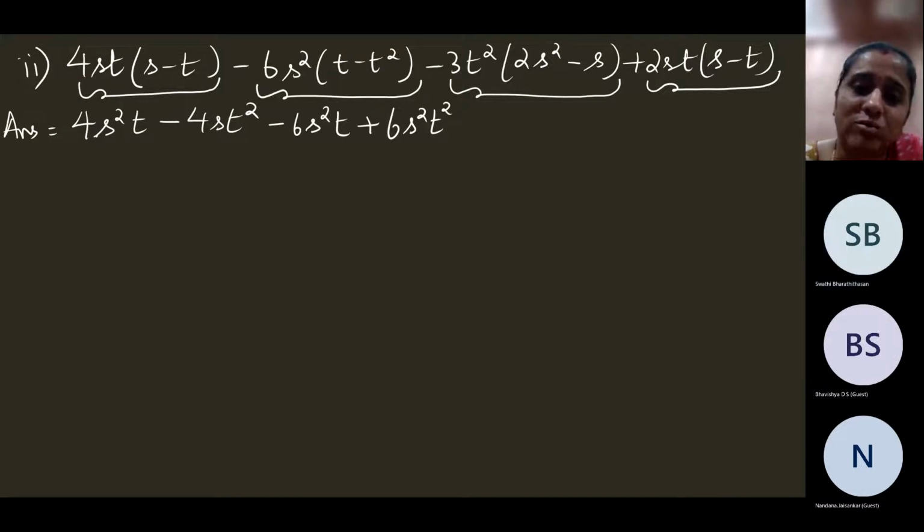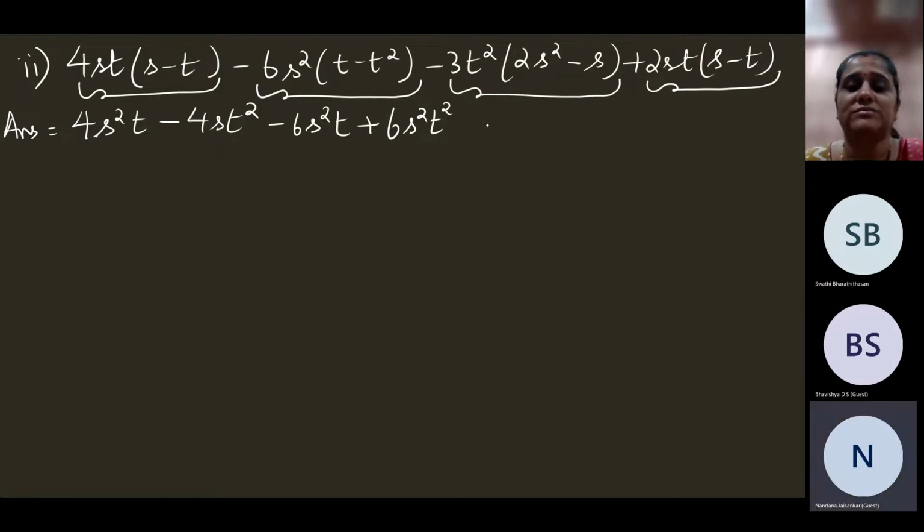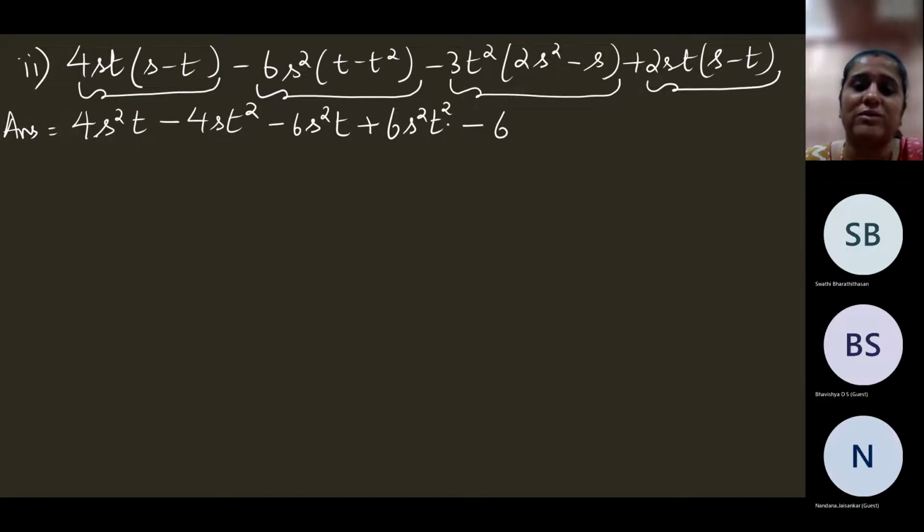Minus, ma'am. So minus into minus is plus, correct? Yes, ma'am. Then 6s square into t square is 6s square t square. Very good. Nandana? Minus 6t square s square. Okay, we can write t square s square, but since we have s square t square, let me write s square t square, correct?